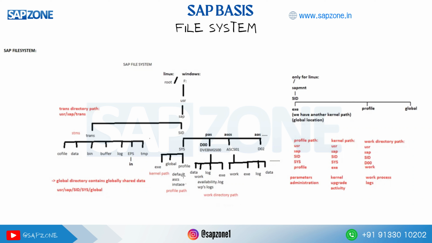Some parameters like what is my DB type, where is my DB, what is my DB user, what is my OS type, OS name meaning host name, IP address. These kinds of common parameters are there in default. The file name is DEFAULT. I will show you. The enqueue and message server related parameters are there in ASCS. The primary application server, meaning the remaining work processes and the remaining things, are there in the instance profile, the primary application server profile. So ultimately, this is the profile path.